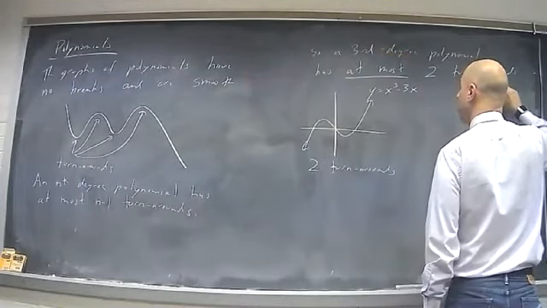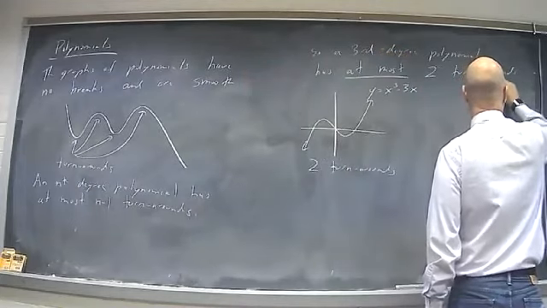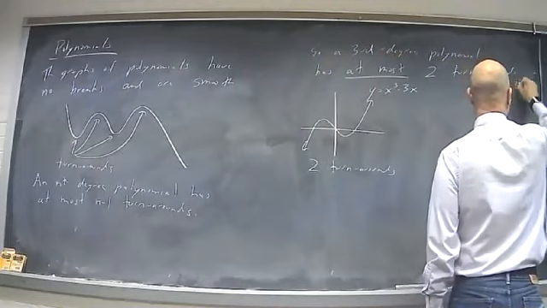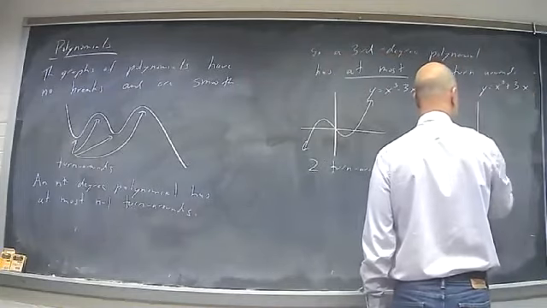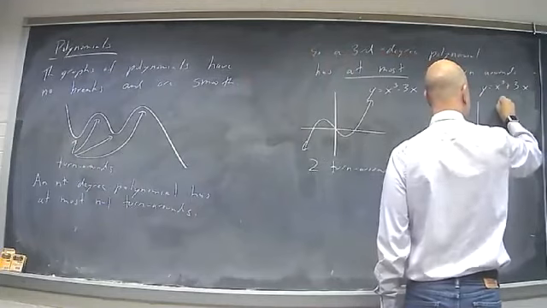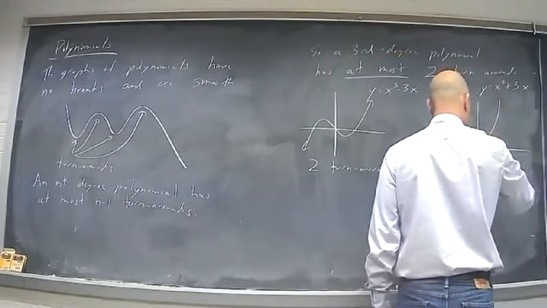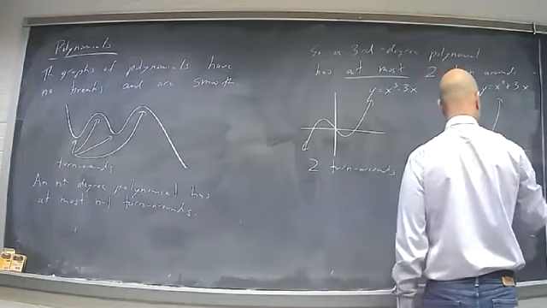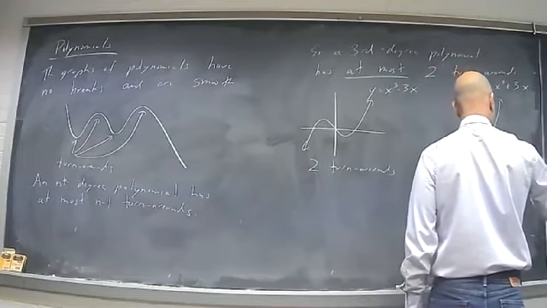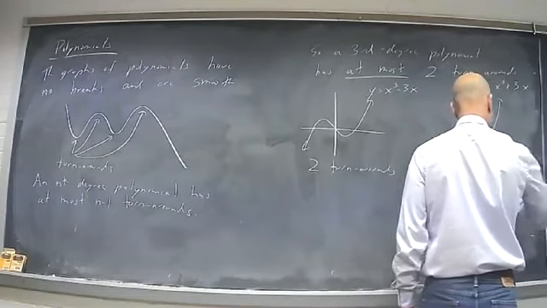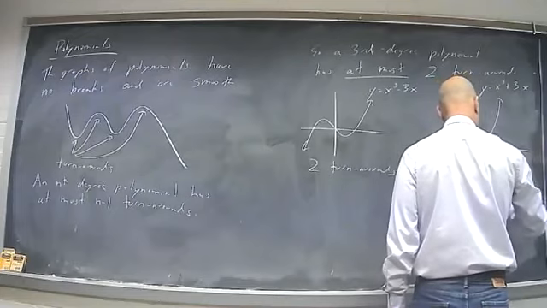Y equals x cubed plus 3x has none. It looks like this. It has no turnarounds.